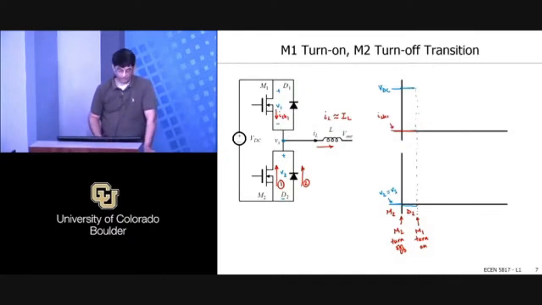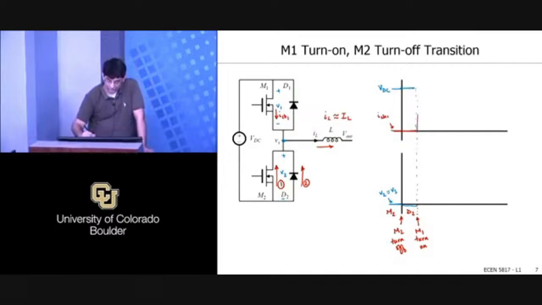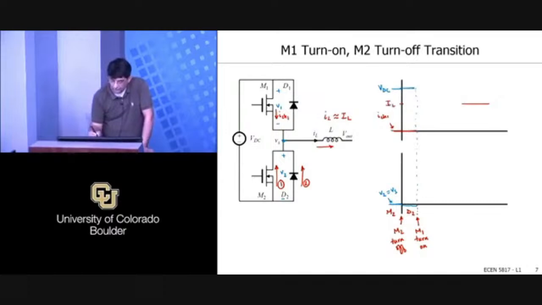That current is going to increase, and it'll increase at whatever rate it can go up. Let's also put a value for, let's say this is my IL, all right? So it's going to increase.